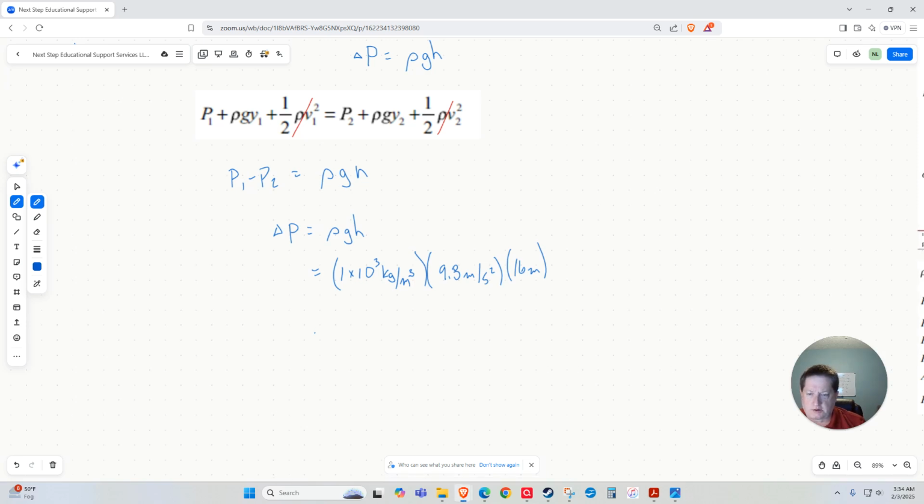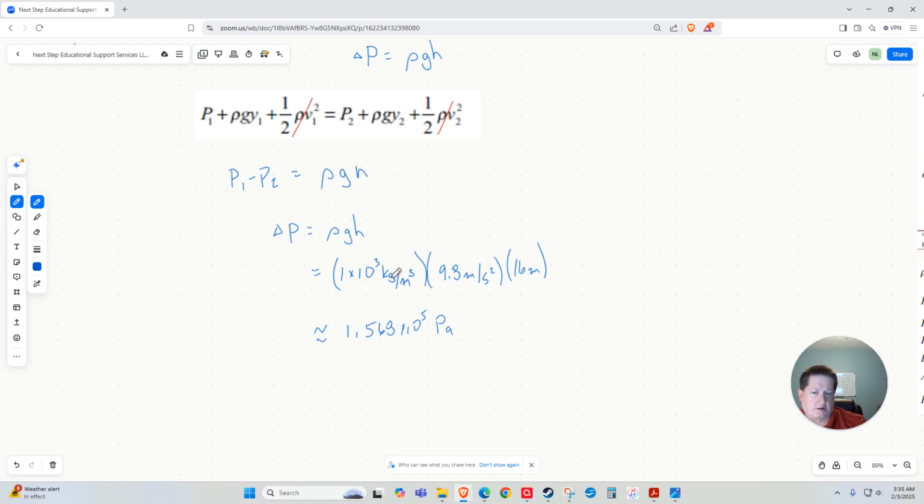And as expected, after punching those numbers into our calculator, we get 1.568 times 10 to the 5th. That's all in SI units, so that's going to be pascals.